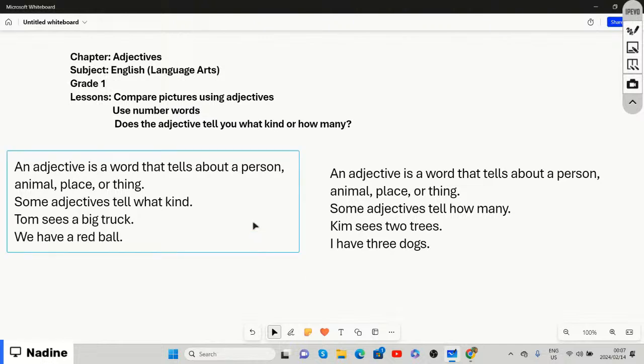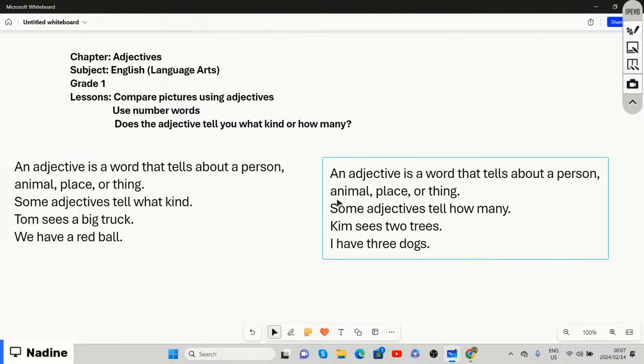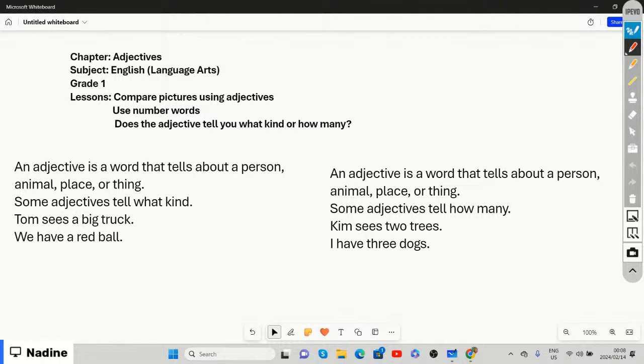An adjective is a word that tells about a person, animal, place, or thing. So an adjective is a word that tells about a person, animal, place, or thing.